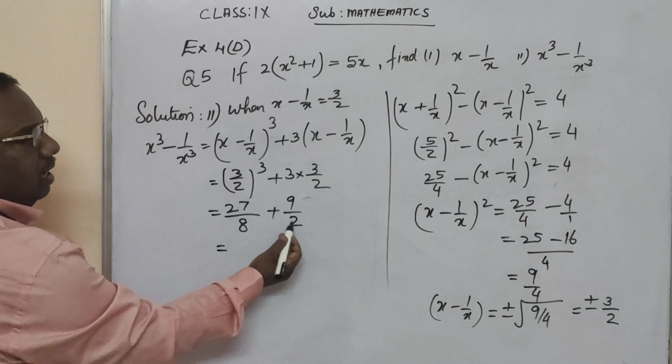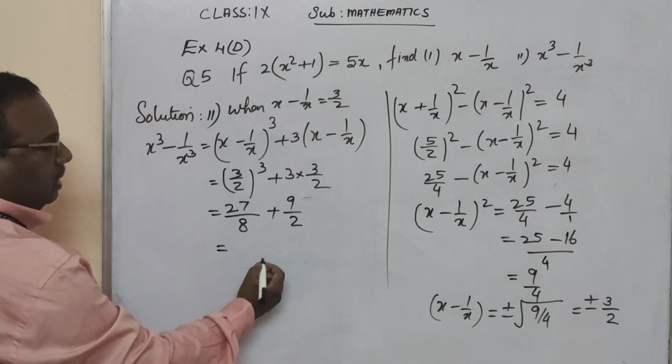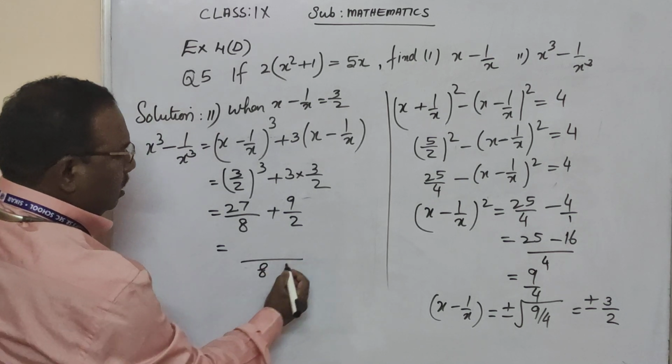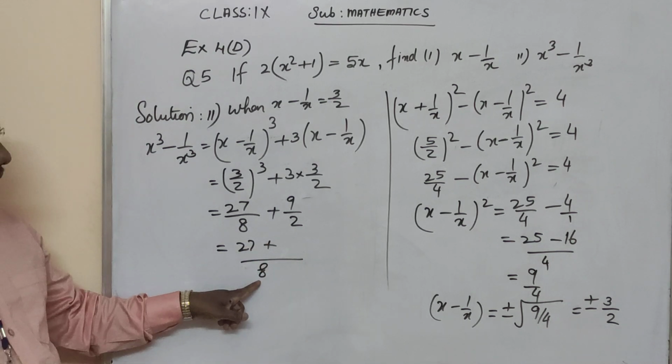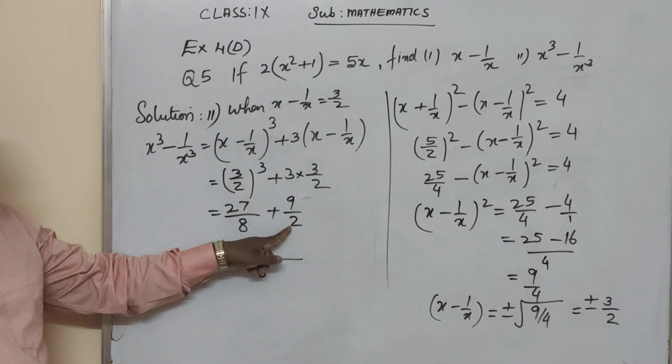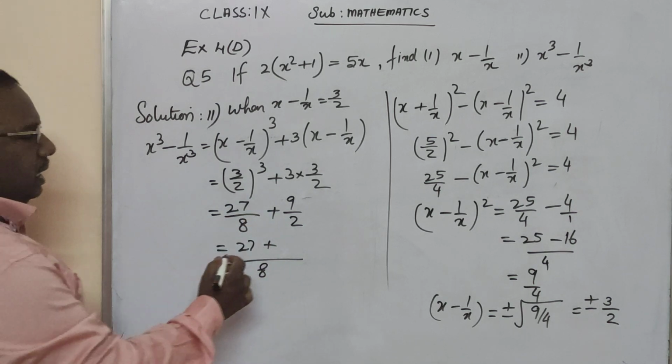again, let's add both these numbers. LCM is 8, here it is 27 plus.